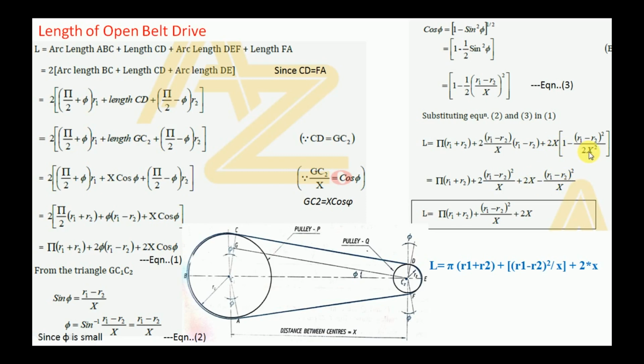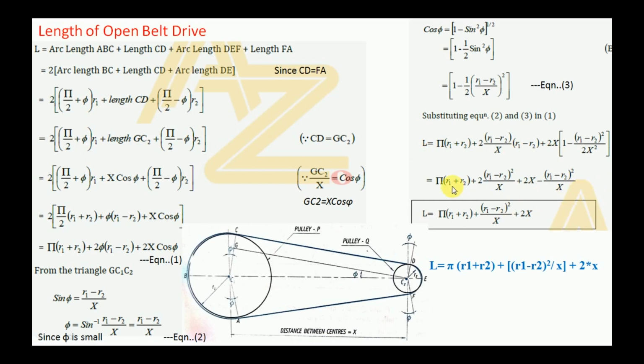Here the 2 gets cancelled, and in x squared one x gets cancelled. In the numerator R1 minus R2 squared remains, and in the denominator only x remains.